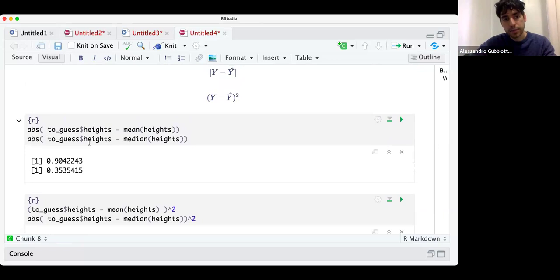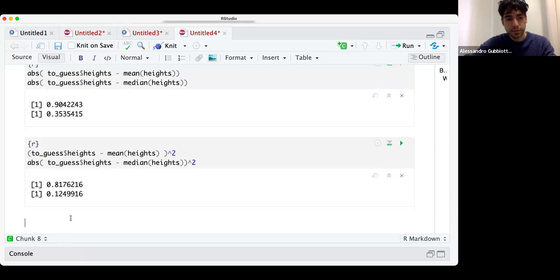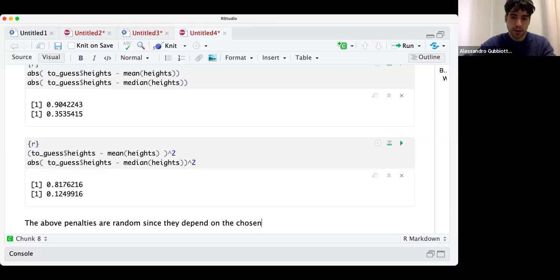The above penalty functions are random since they depend on the chosen person. So we take the mean.